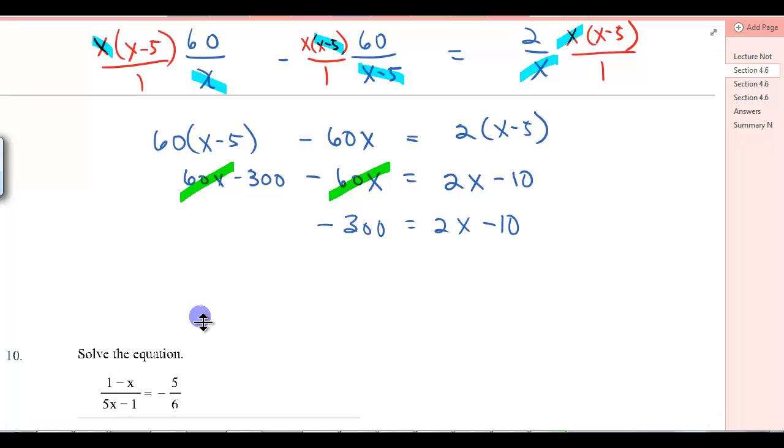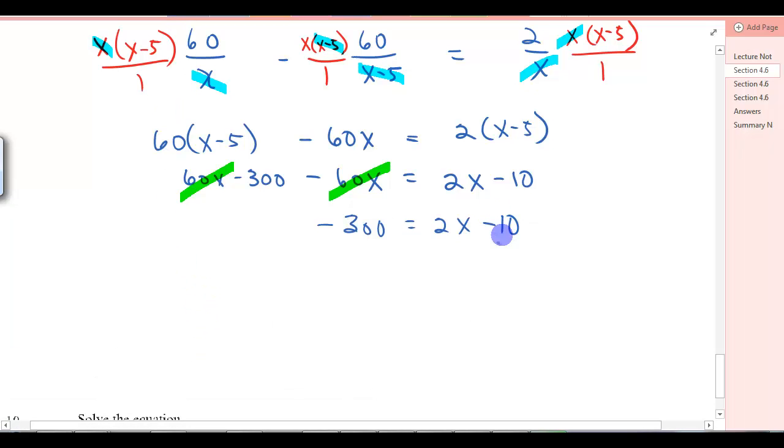Let's add 10 to both sides. So we've got negative 290 equals 2x. Let's divide by 2. And our final answer, negative 145 equals x.